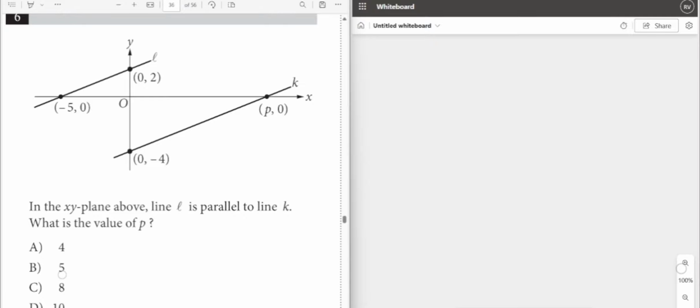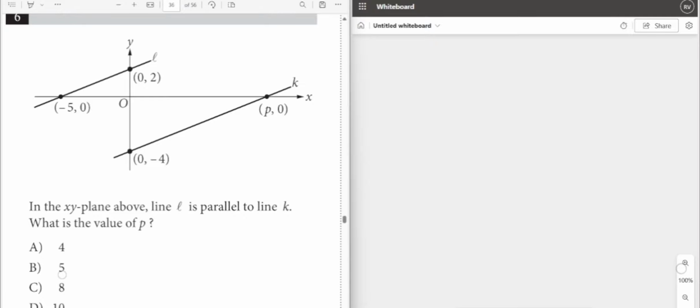You do 2 minus 0, which is gonna equal 2, and then 0 minus negative 5, which is gonna be 5, so 2 over 5. So that's 2 over 5 that I know. And then this one, what I'm getting is 0 minus negative 4, which is 4 over p minus 0. What does p got to be for this, right?